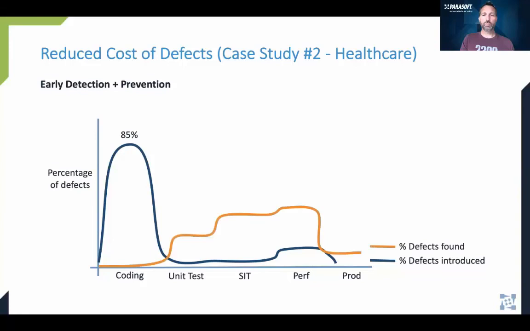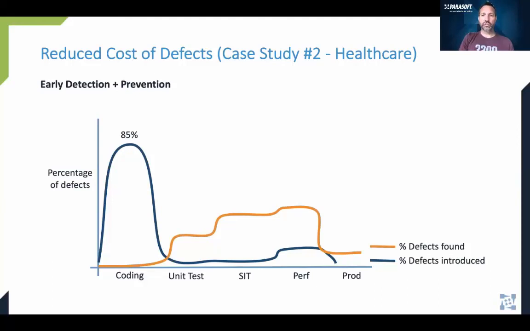But the problem is we don't find them, right? Think of a manual single box at the end after the build happens. And then what does it take to go back, kind of unravel that and figure out what's the defect? What's the problem with the code? There's a lot of steps.